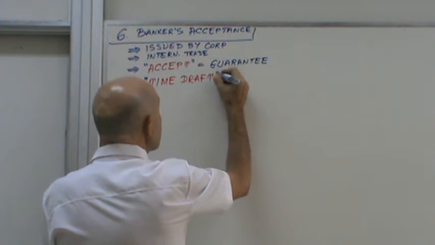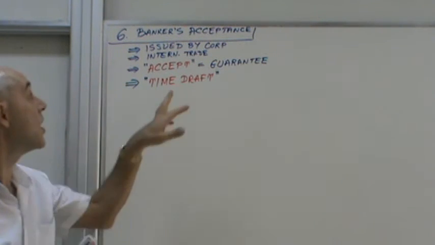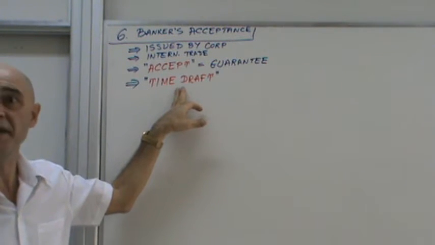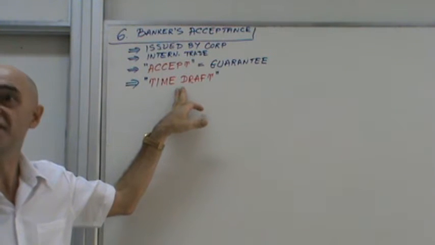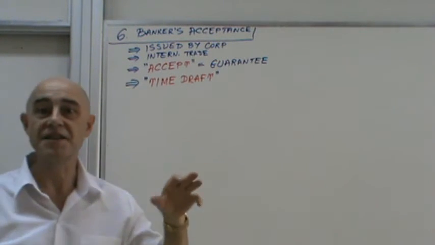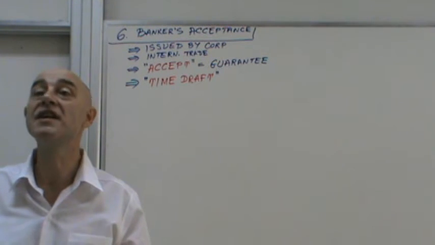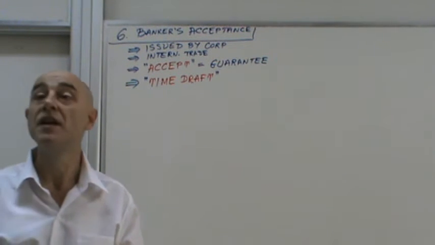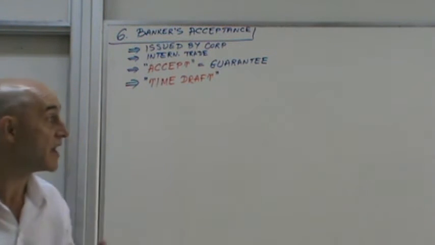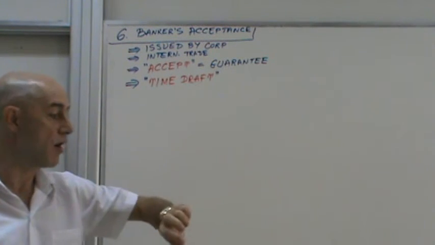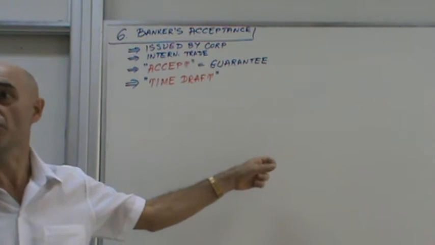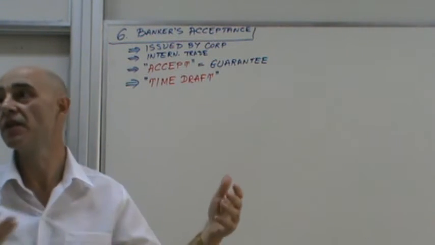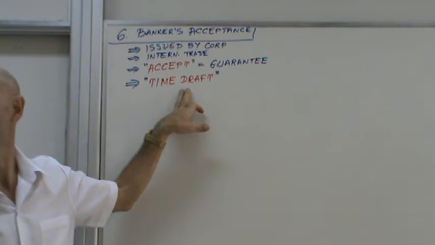A time draft is an order to the bank to pay somebody an amount of money, to pay, we say, the bearer a specific amount of money on a specific date. Meaning you will write a time draft, let's say 60 days from today, on, let's say, May 1 or June 1, the bank to pay the bearer, let's say, $1 million. That's a time draft, okay?